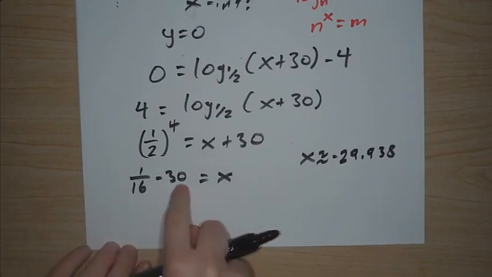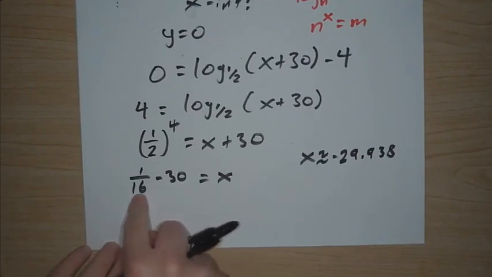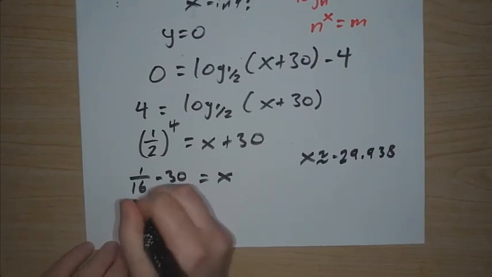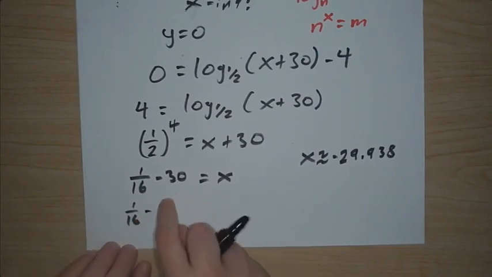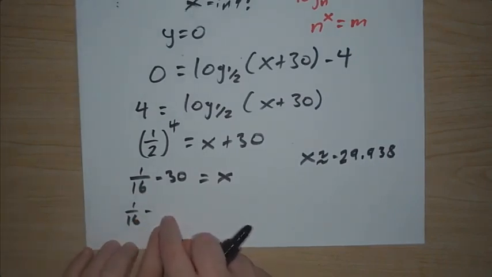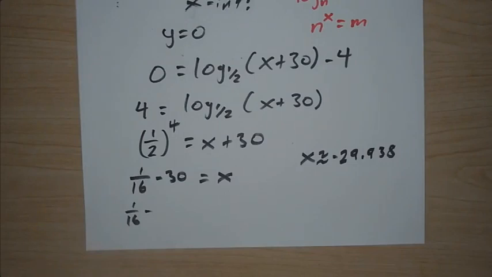We have no denominator for 30, so we have to get the same denominator on the bottom here. So we'll have 1/16 minus something, the denominator has to be 16, and 30 needs to be multiplied by 16 to get that.